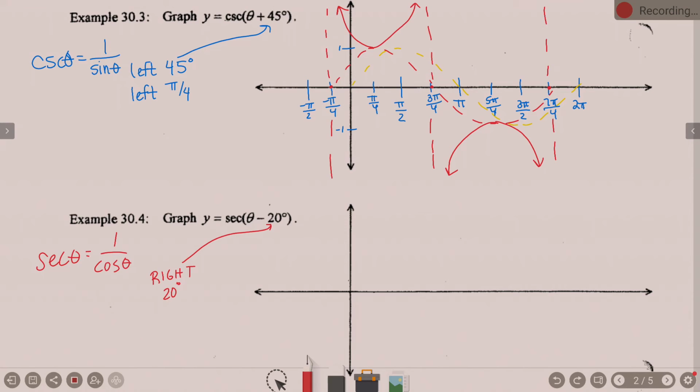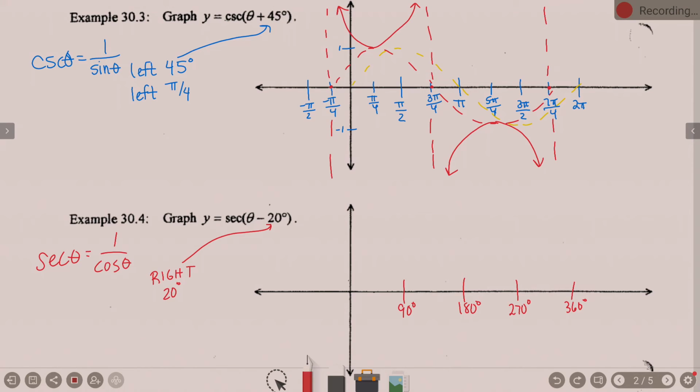So, what do we know about degrees? Instead of 2 pi, I'm going to label this 360, right? In the middle of 360 is 180, and I've got my 90, and 270.